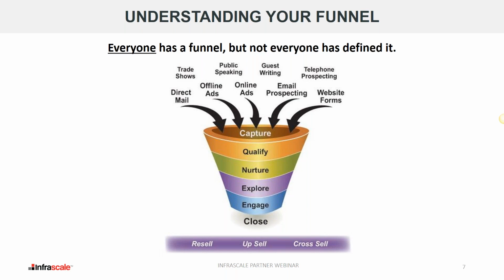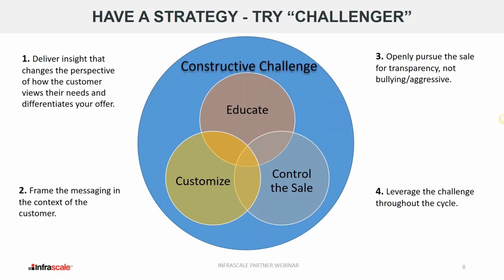Now, when it comes to having a strategy, there is also a style. I would suggest trying out the Challenger sales model. It's something that I really enjoy because it's a very unaggressive approach to sales.